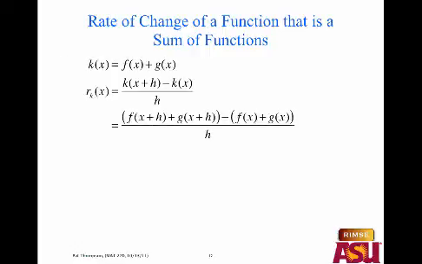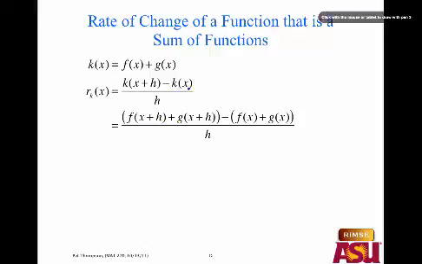So this is what you get for the rate of change of k. Do you see it? We're using the definition of k here to expand k of x plus h. If k of x is the function f plus g evaluated at x, then k of x plus h is going to be f plus g evaluated at x plus h.